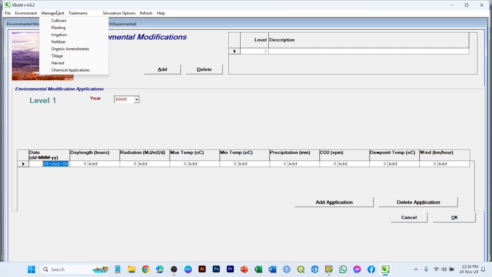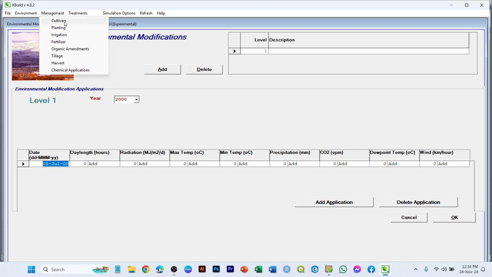I mean, such things you have to mention over here: what type of tillage you have done, how much tillage and at which depth, what is the harvest date, and what chemical applications you have applied on your crop. Okay, so we go in detail.